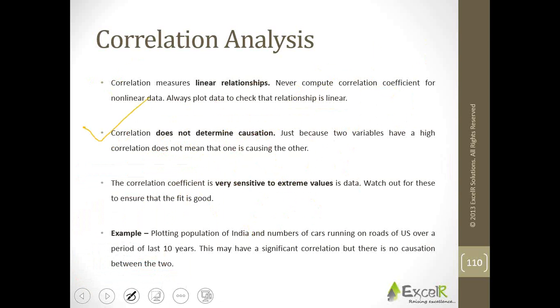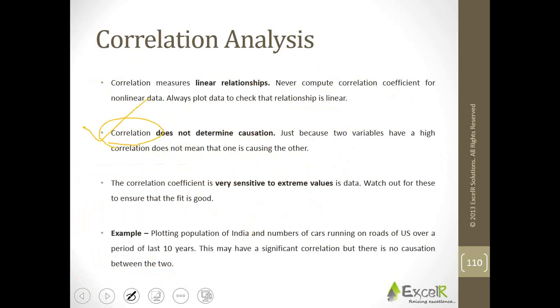For example, in summer, many people eat ice creams. Ice cream sales versus temperature, there is a correlation and also there is causation, I agree. But eating more ice creams and the number of sharks attacking people on the beaches, the correlation is high.